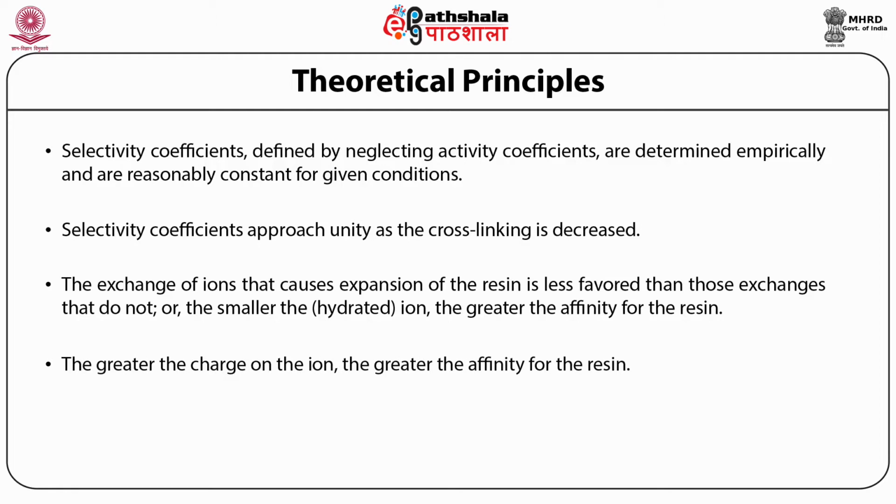The affinity of high molecular weight organic ions and some anionic complexes of metal ions is unusually high, probably because the electrostatic forces are augmented by short range adsorption, that is, van der Waals forces.